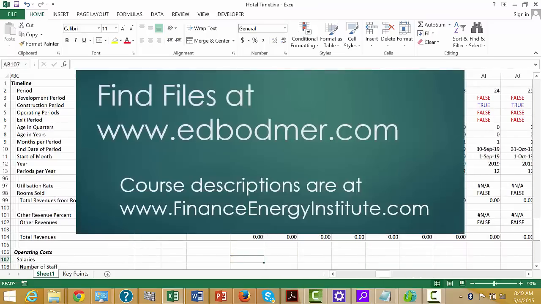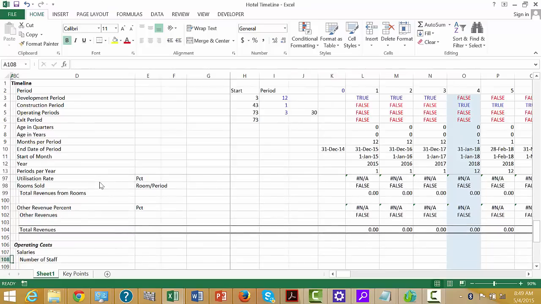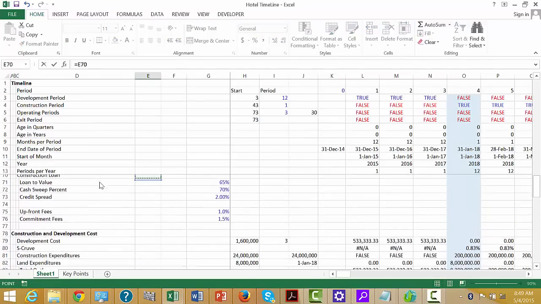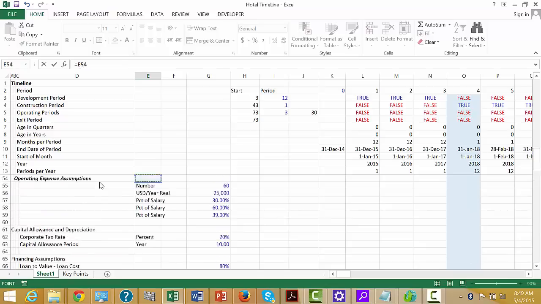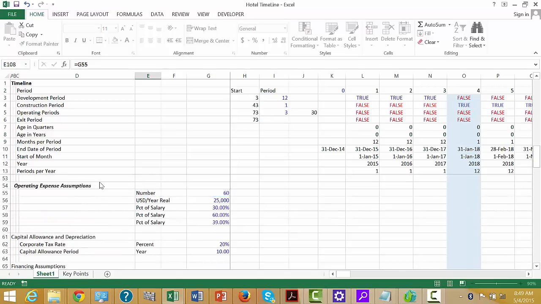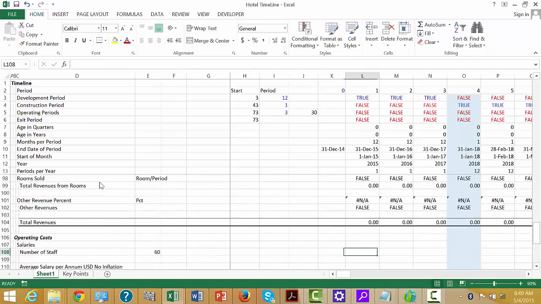And then let's put the salaries in here, and we have some staff. Now you could, of course, you see by now that we could do all these by period. So the people we have, we can take F4 and multiply this by the operating period.